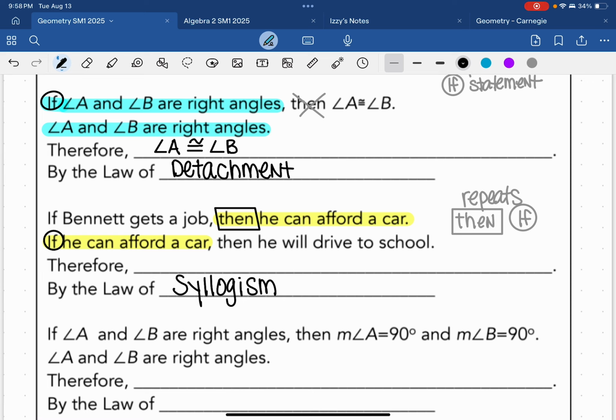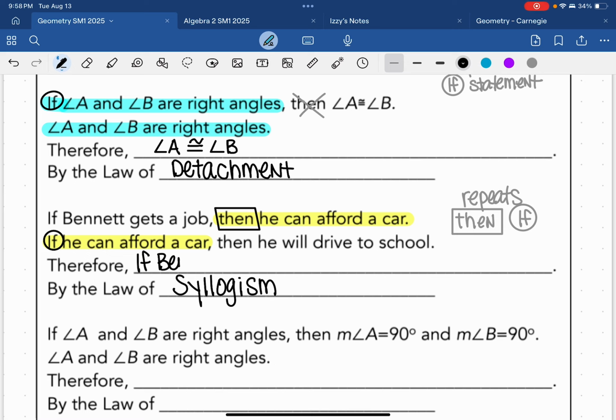And once again, the two parts that I did not highlight are going to be my therefore statement. This is going to be what I can logically conclude from these two sentences. I take the first part of the first sentence as the start.